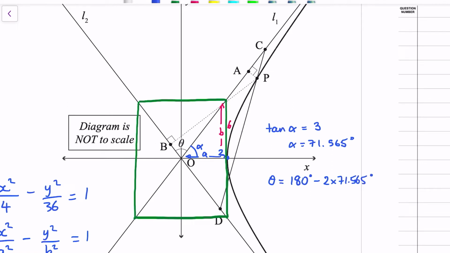It will enable us to get the answer though. 180 minus 2 lots of that is actually 36.870 to 3 dp. And then sine of theta is the sine of that, and it comes out to be 0.6. Now I haven't actually proven that, I've just used the calculator to get it.